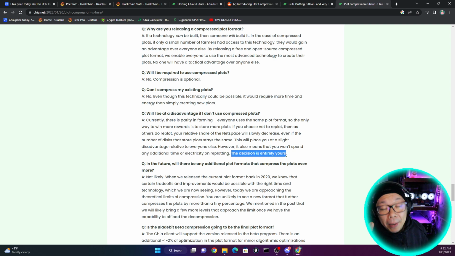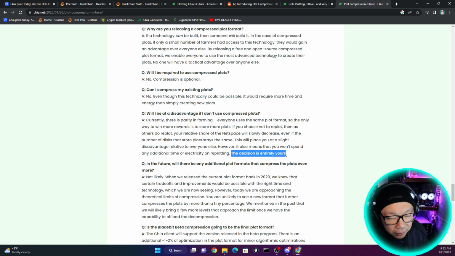So here, they're basically saying if you don't replot and someone new comes on, let's just say they have 1 petabyte of storage and they decide to do the highest compression of plots, they will overtake you in earnings instantly. All right.